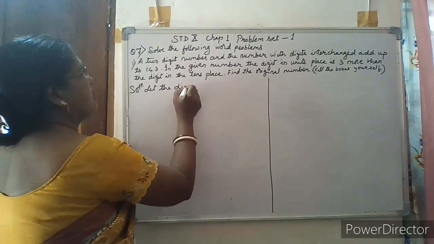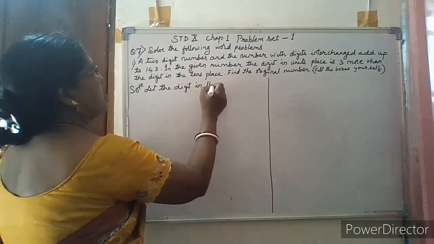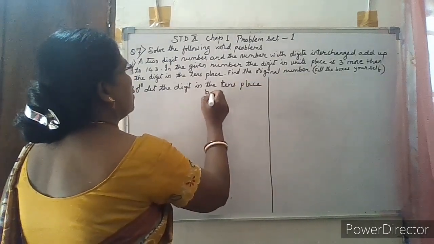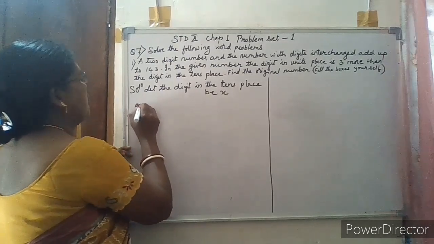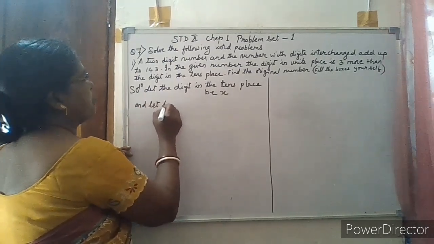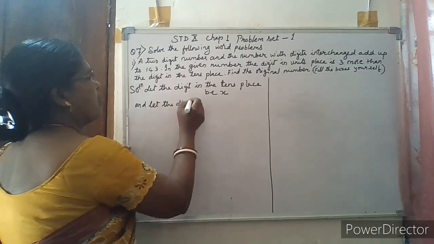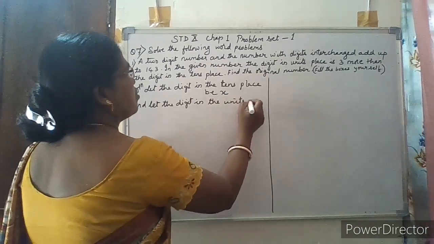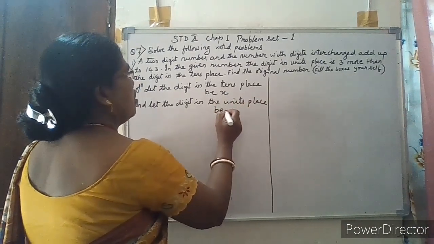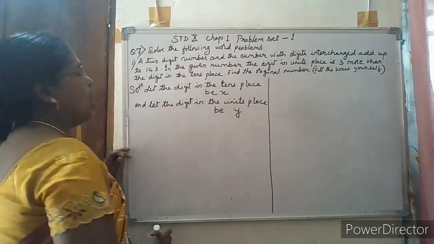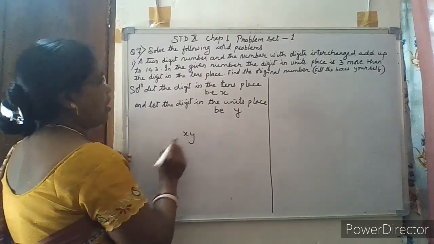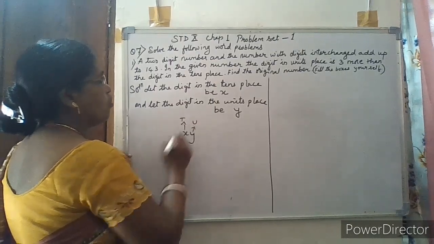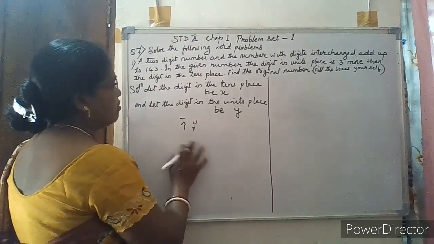Let the digit in the tens place be x, and let the digit in the units place be y. Now I cannot just write x and y together as xy.